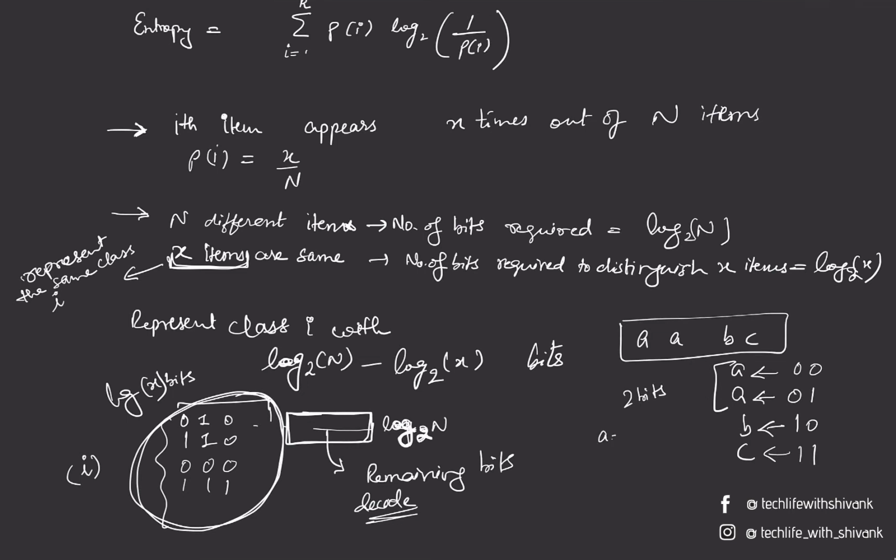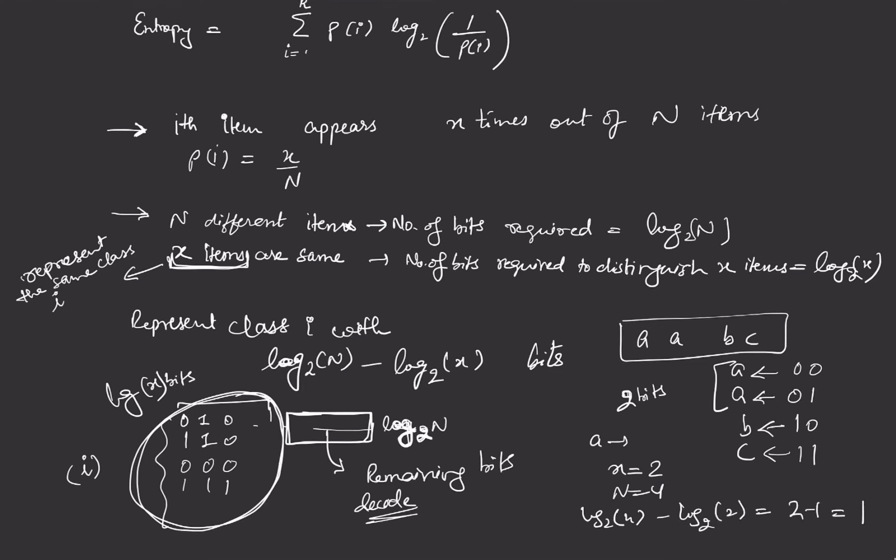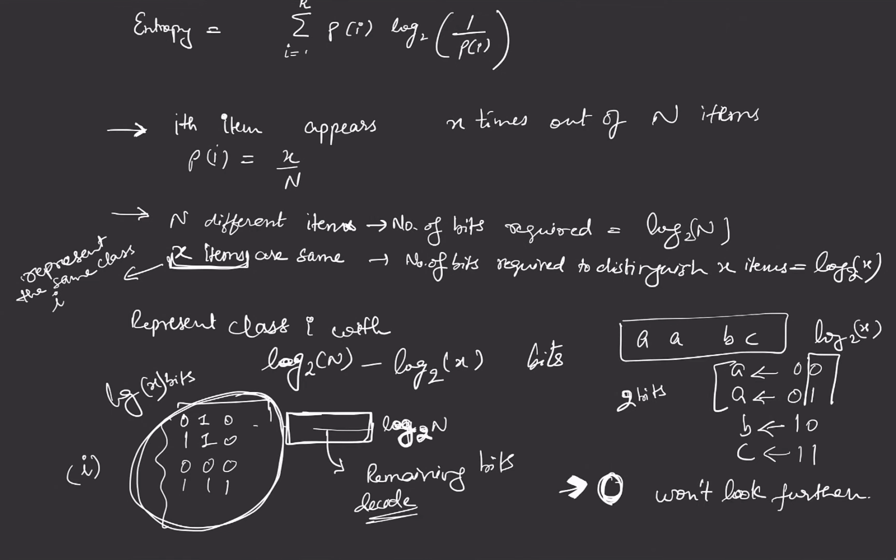The probability of A is 1 by 2, x is 2, n is 4. Log base 2 of 4 minus log base 2 of 2 is 2 minus 1, which is 1. So if our bit is 0, this is the log x bits, which does not matter. Whenever the bit is 0, we won't look further. So the number of bits required to know about A is 1.